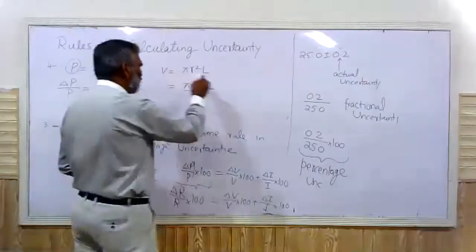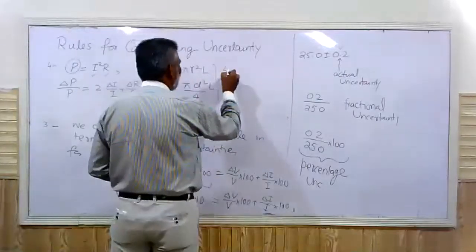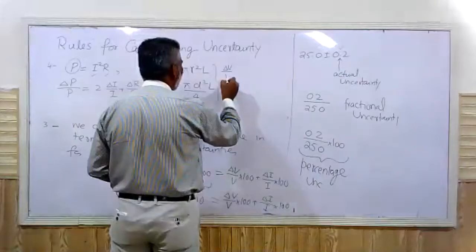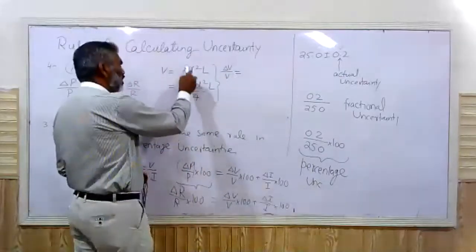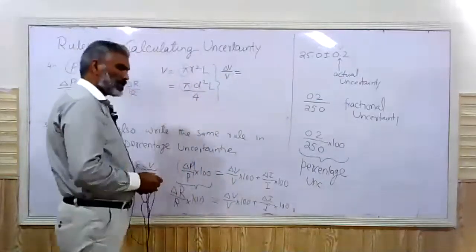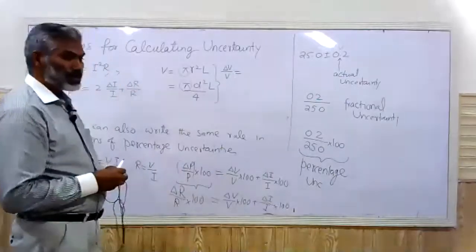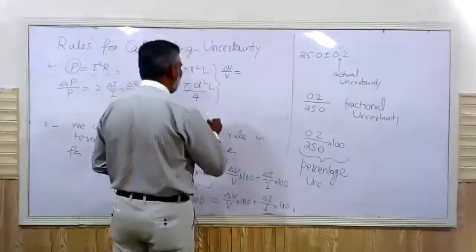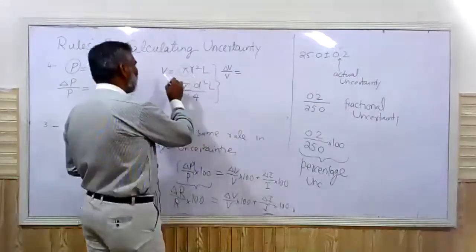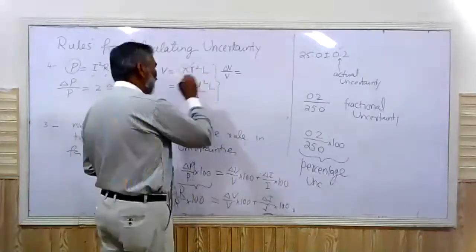For this situation, it will be delta V over V is equal to, you will ignore this number pi because this is just a number, no units, and no uncertainties given. So no need to consider this while calculating the uncertainties. But definitely, in order to measure volume, you will measure the radius or the diameter.